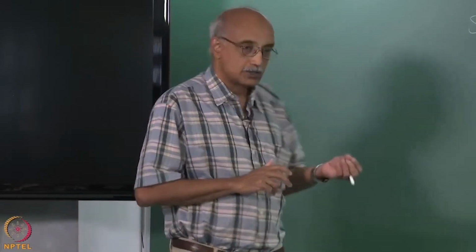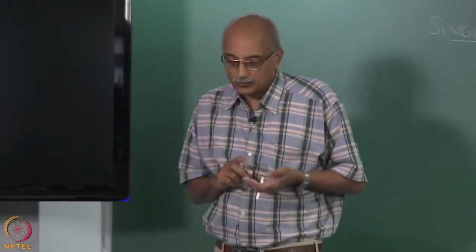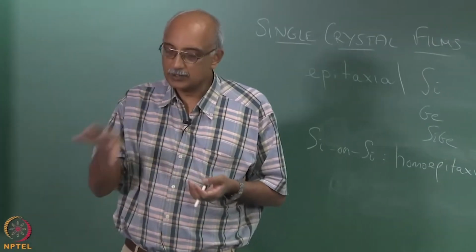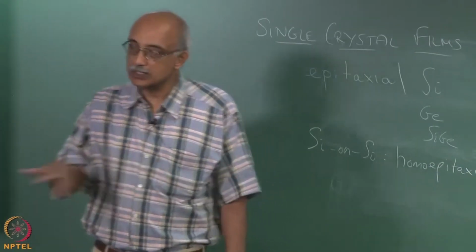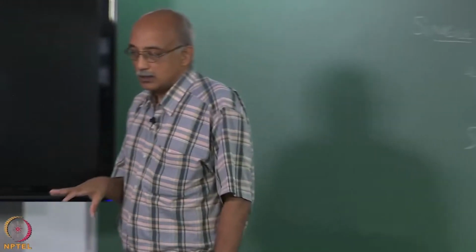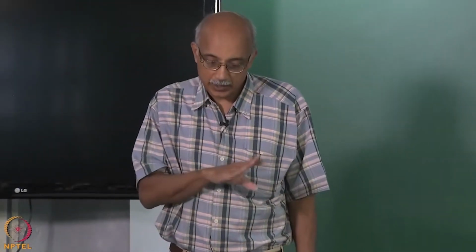Now, when we put silicon on silicon, if you deliver the silicon molecules to the silicon substrate with sufficient energy such that they move around on the surface and orient themselves according to the crystal structure of the substrate, that is when an epitaxial film happens.